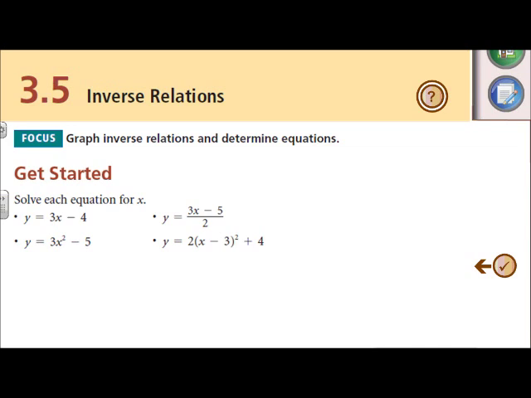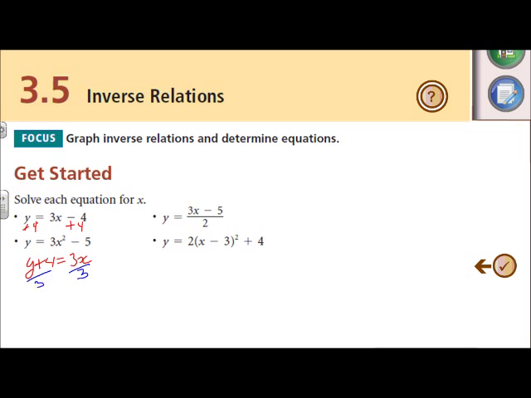Let's do it. So first one, we're going to get that x by itself. So we're going to add 4 to both sides. And we've got y plus 4 equals 3x. Notice we're doing the opposite here. And then we are dividing by the 3.